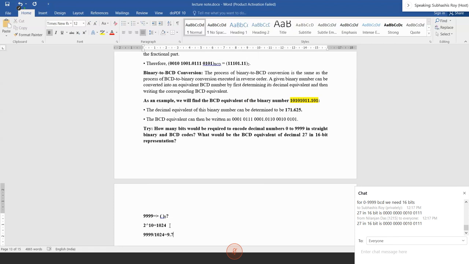So for 2 to the power 4 you need to take 4 bits. 9.7 cannot be directly represented as a power of 2, so better we take 2 to the power 4 so that I can cover all the combinations.